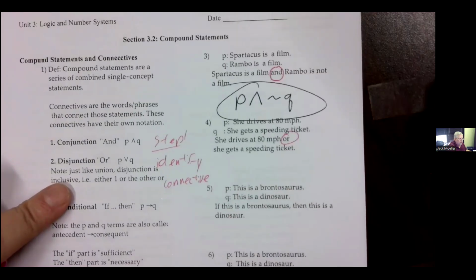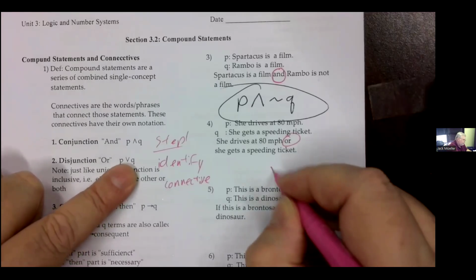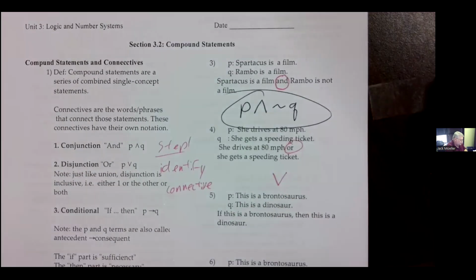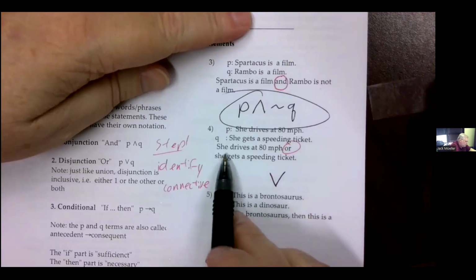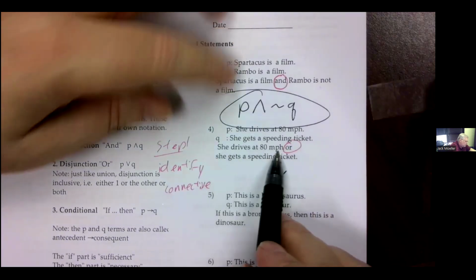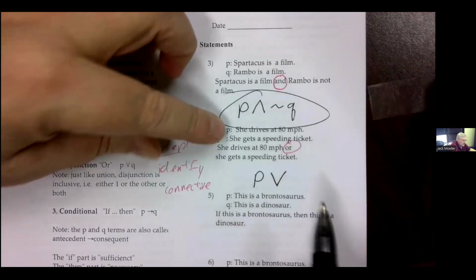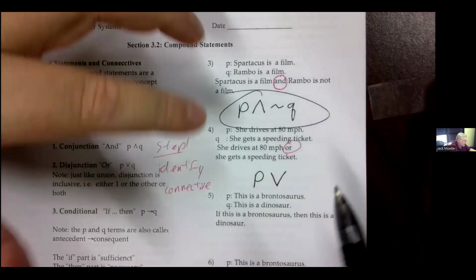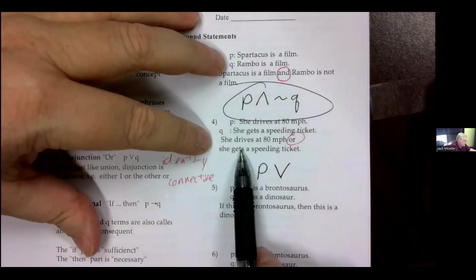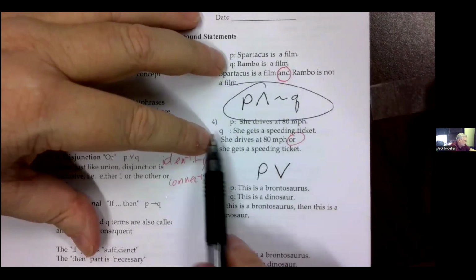The symbol for or is the down arrow. On the left, the first thing is she drives at 80 miles an hour, that's P. I wish they would vary this up a little and put Q on one side, P on the other, but I get the idea. She gets a speeding ticket is Q.